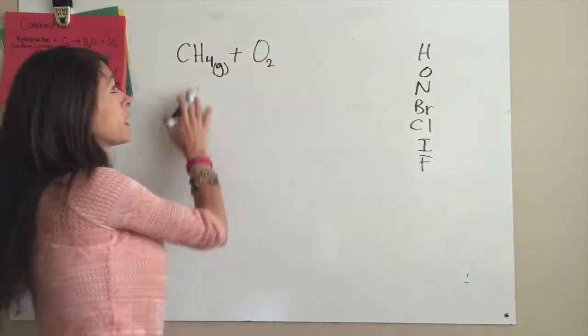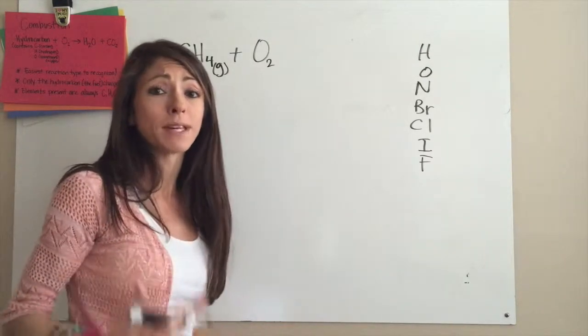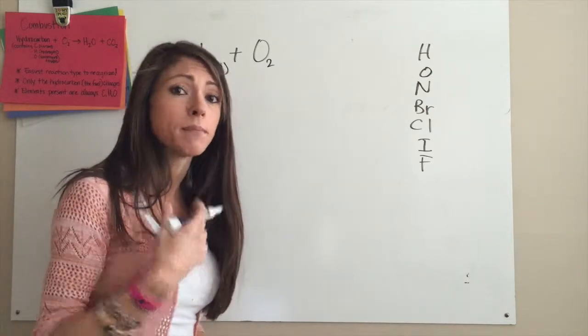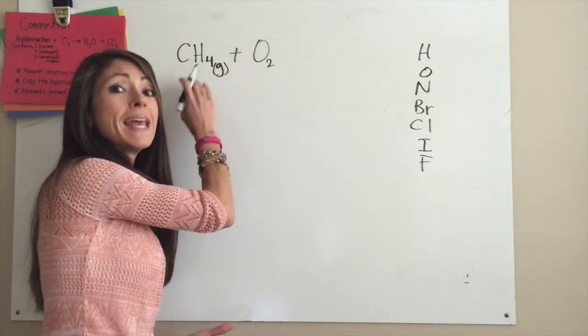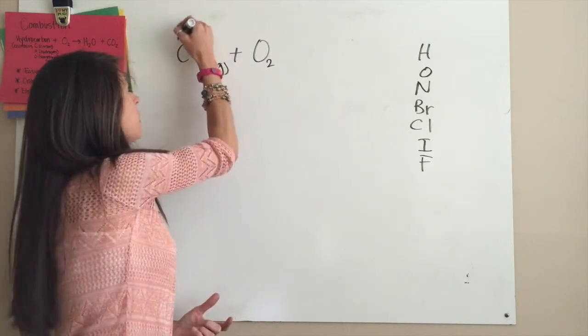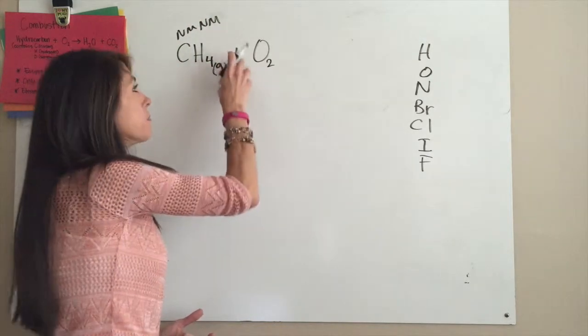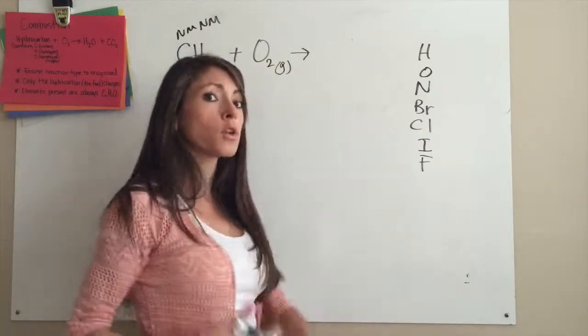Now, this right here would actually be what we call carbon tetrahydride, its actual formal chemical name. Now, I call it methane because that's its more common name, and I know it is that, but you might not know that. And that's okay. You would just name this as carbon tetra because this is a non-metal. With a non-metal, we use prefixes. Carbon tetrahydride combines with oxygen gas to yield, to form, to produce.